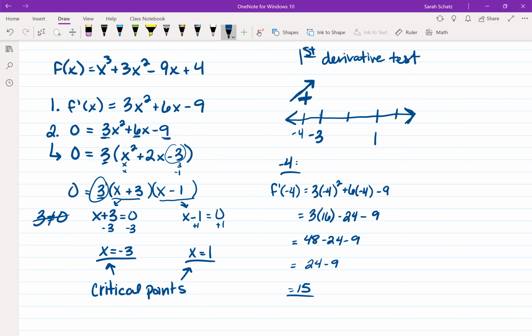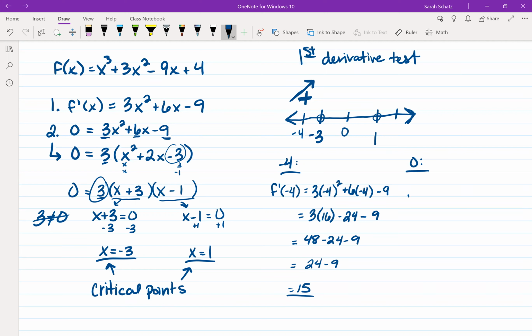Now, remember, these points here, you already know the derivative is 0 there, so try not to test those or think you need to. Let's pick a point in between. 0 lies in between that interval, between negative 3 and 1, so I'm going to test that.